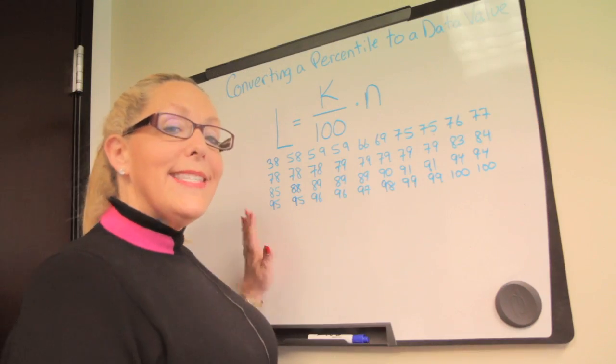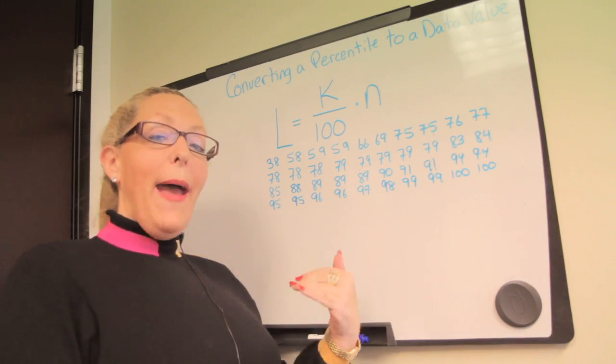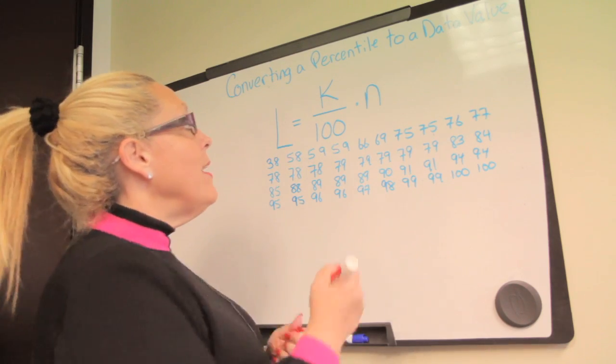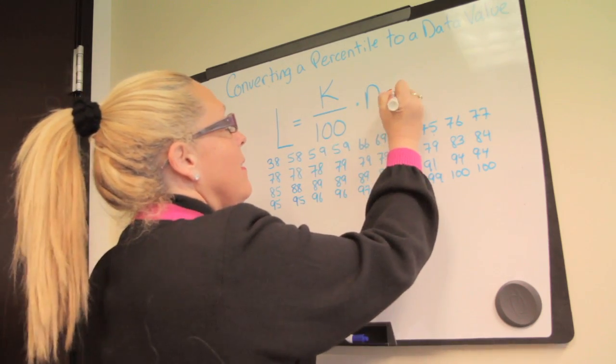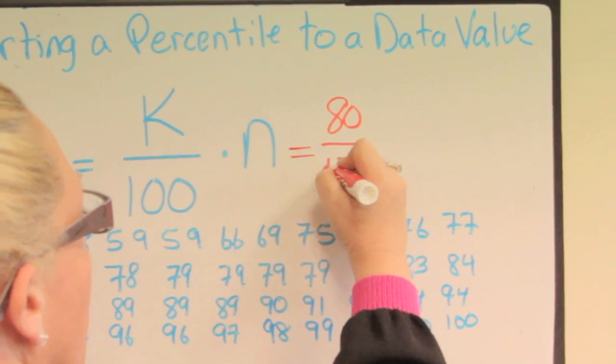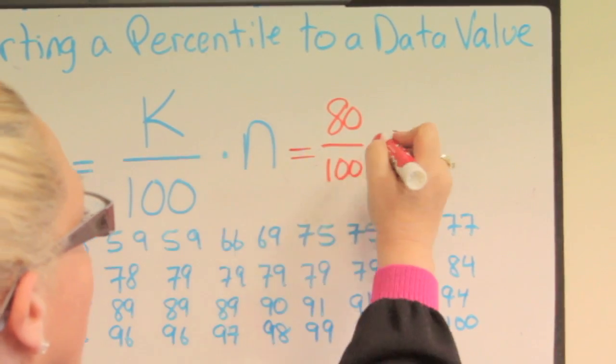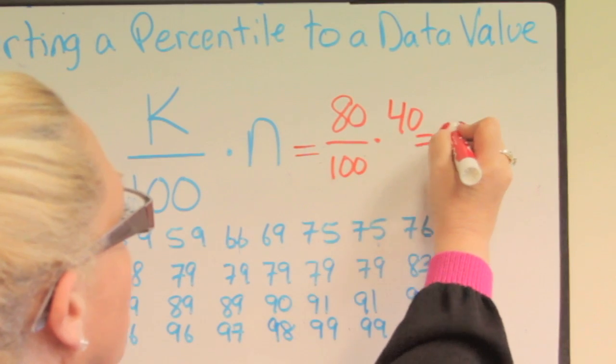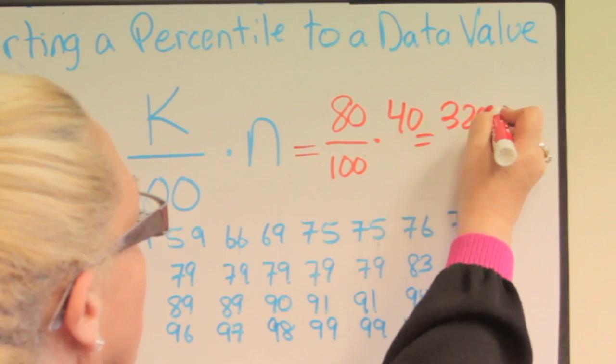This time we're going to use the same set of data, but we're going to go backwards. So we want to find the 80th percentile. So K is 80. We divide that by 100. The total number of scores is 40. We multiply this and we get 3,200.